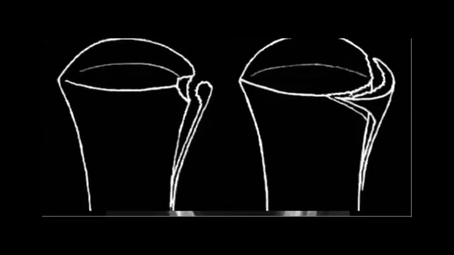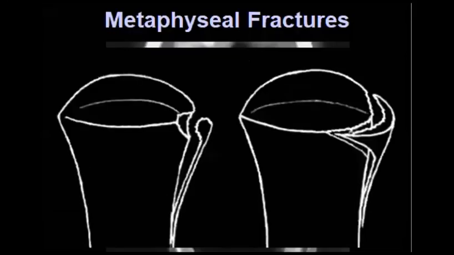So again, when you find a metaphyseal fracture, or bucket handle fracture, you are expected to mention non-accidental injury. Then when you go to the skull of this patient, what are you going to see?